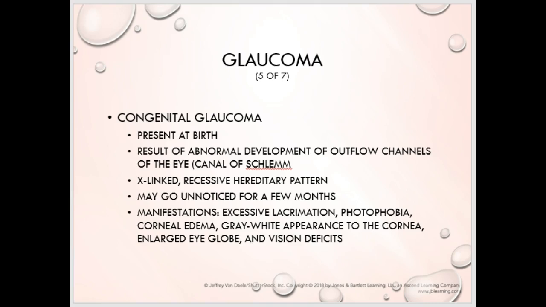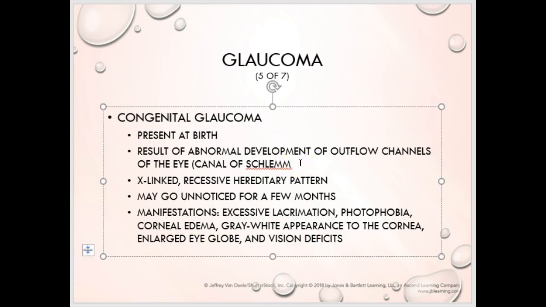Congenital glaucoma can actually happen at birth. So there's some abnormal development of that canal of Schlemm, and it can actually be genetic. So this has a recessive hereditary pattern. Can be unnoticed for a few months because little babies don't even seem to focus for a little while anyway.